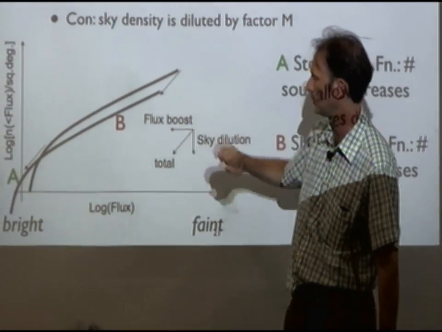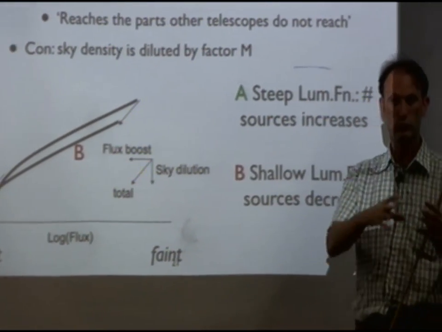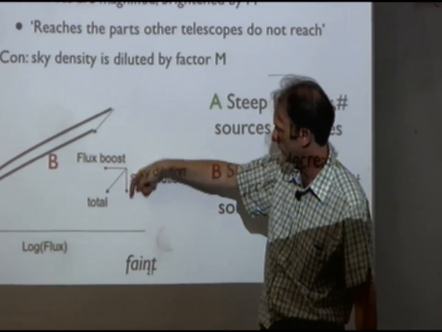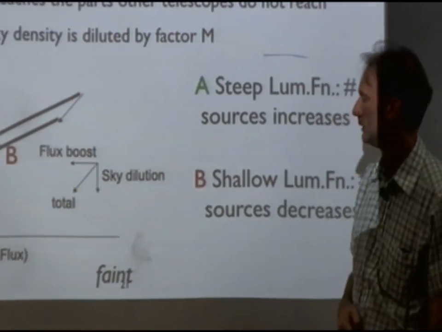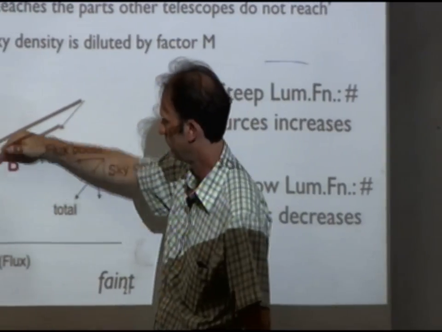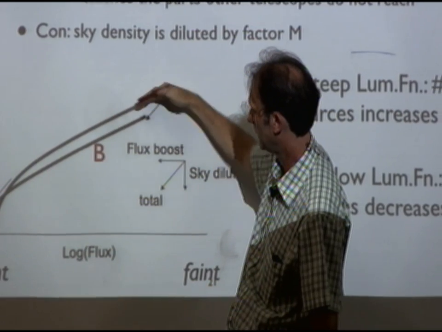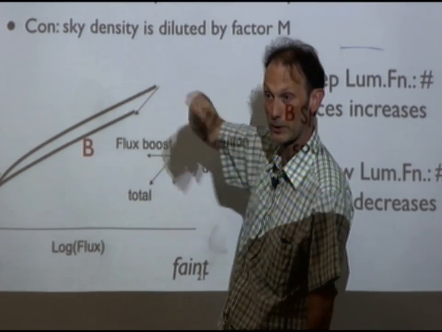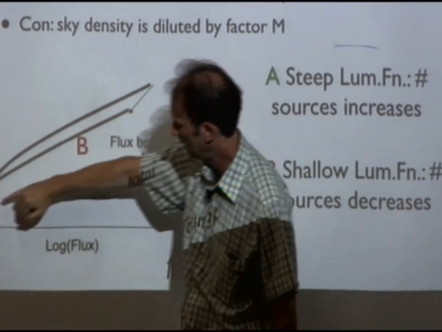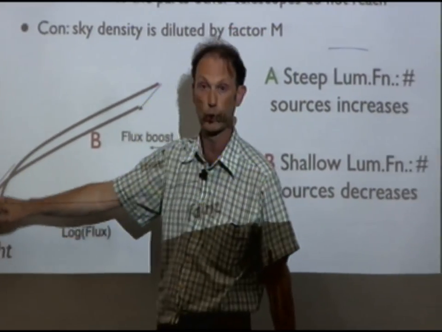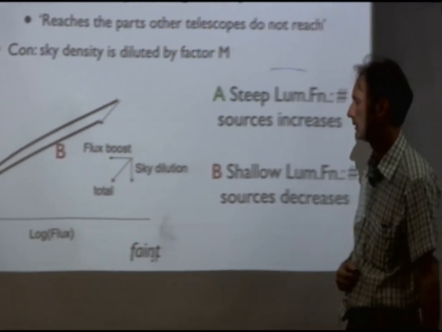That's the flux boost that you get. But it also makes the sources rarer because it's spreading them out over a larger area of the sky, so it's decreasing the density that you get. And so depending on the slope of your luminosity function, you will either get fewer sources due to lensing. That's typically at the faint end, where the luminosity function is fairly flat. But at the bright end, where the luminosity function is very steep, you will certainly generate more and more bright sources.